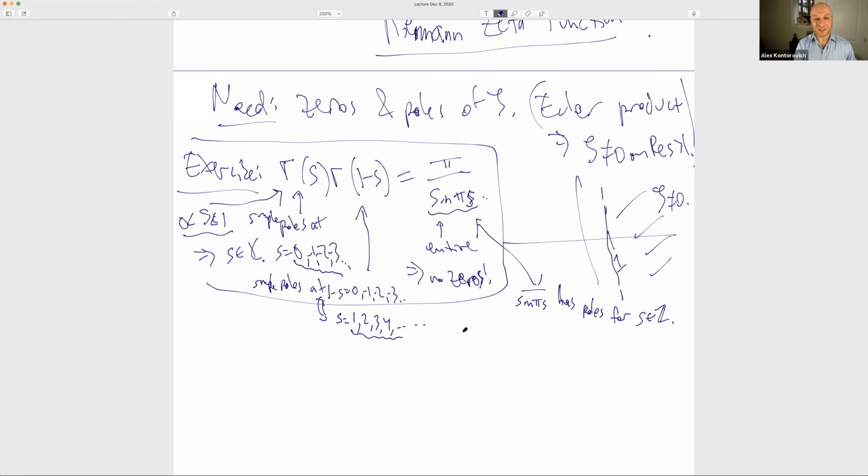And so what that means is the gamma function never vanishes, never ever vanishes.